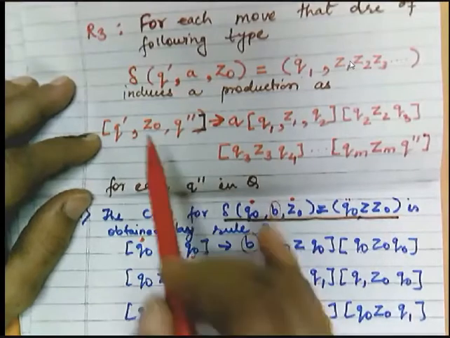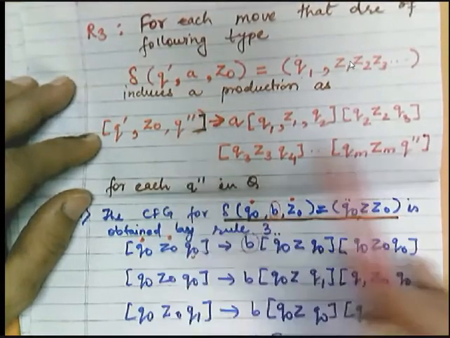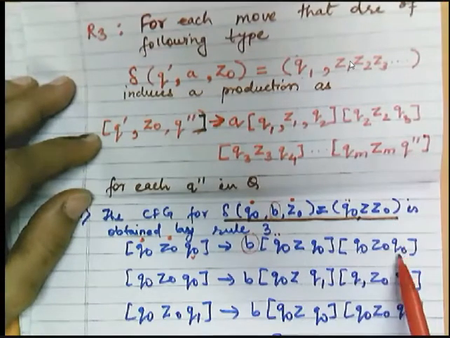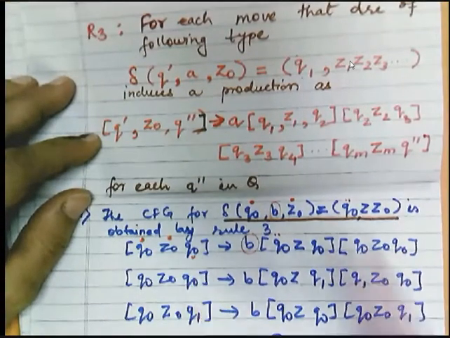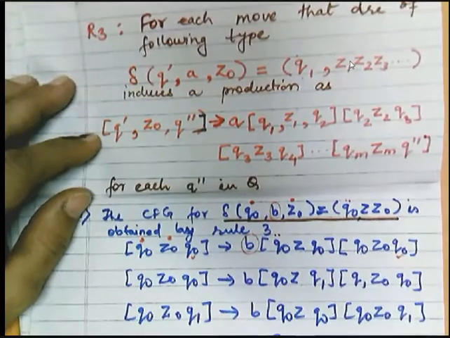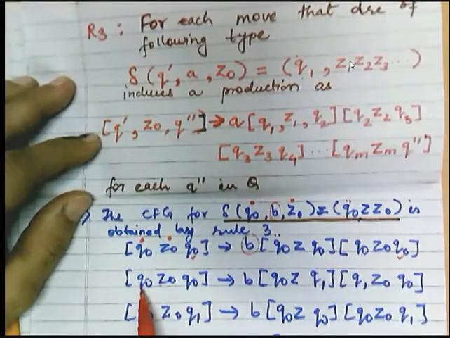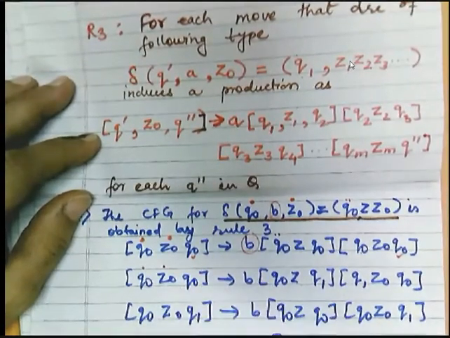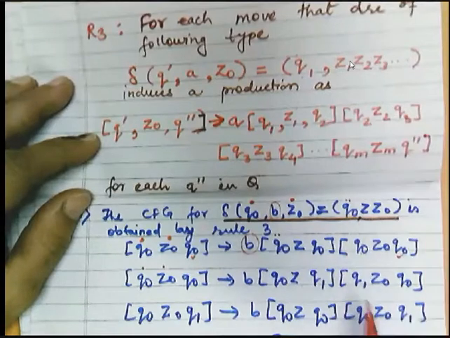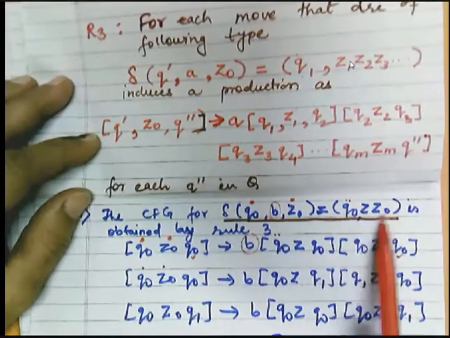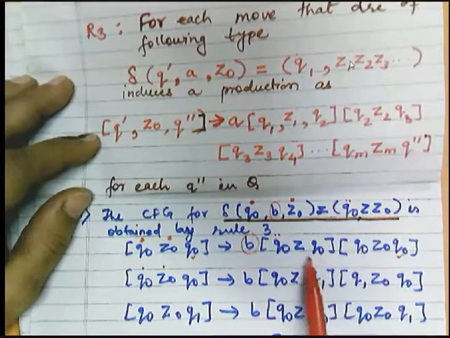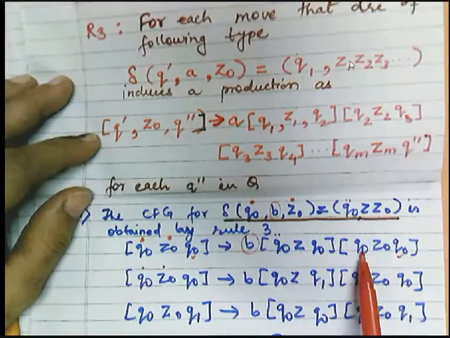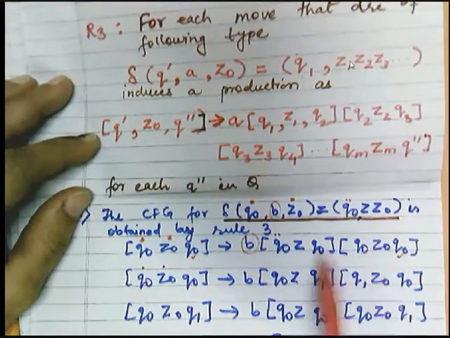As I have told you, this state must necessarily be at the end. That's why you get Q0 here. Next Q0 Z0, and now again we need to write more things considering all these combinations. Just now we considered Q0, Z, Q0 and this Z0, and here we have Q0, Q0.